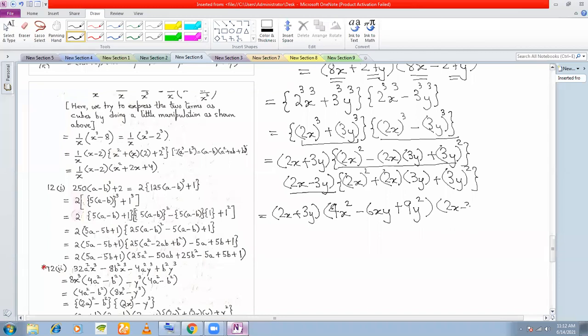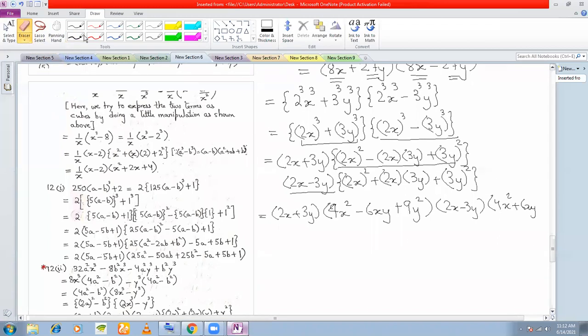And the fourth factor is 4x square plus 6xy plus 9y square. Okay, so these four factors are there: 1, 2, 3, and 4. So the given expression has been split into 4 factors.